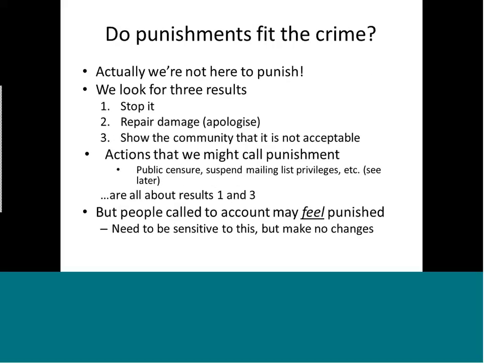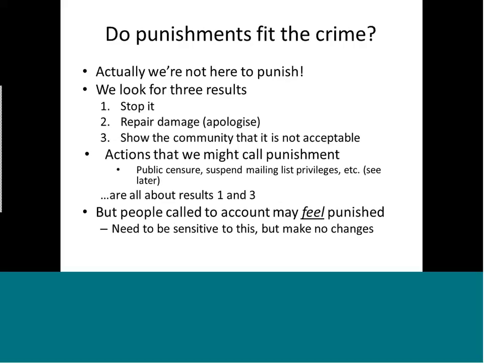So how do we correct them? The important thing, in my view, is this is not about punishment. This is not saying you called somebody a rude word on the mailing list and therefore we are going to slap you. The main result we're looking for is stop it. Get it to not happen again.